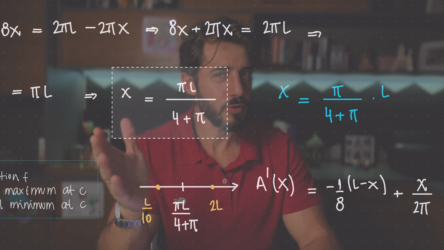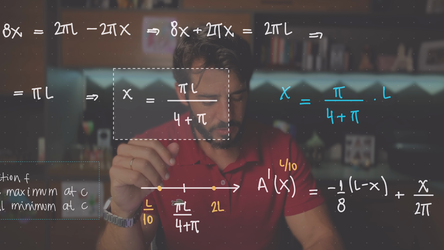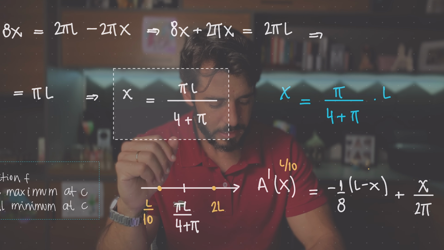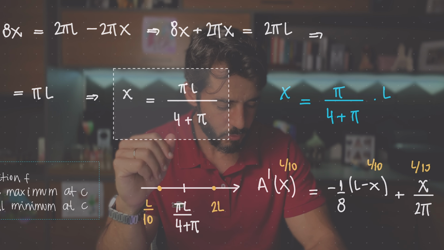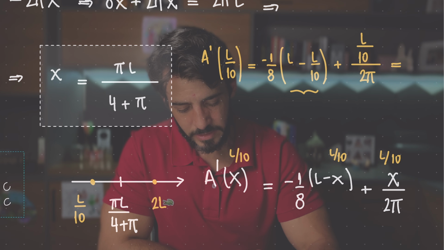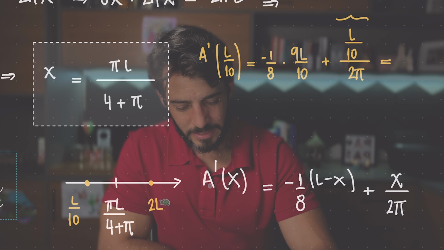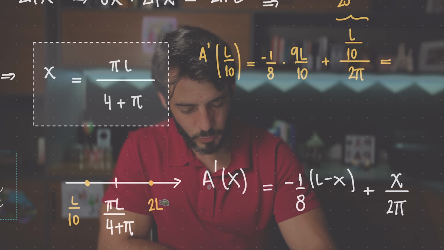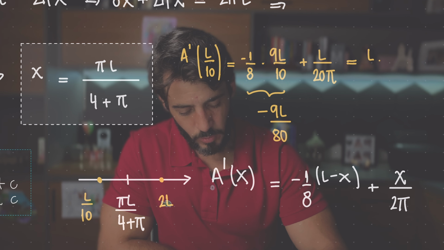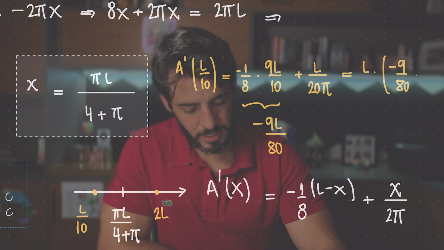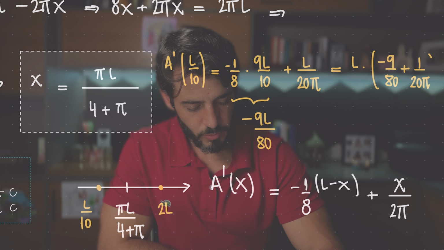So for example, for L over 10, A prime of L over 10 is -1 over 8 (L - L over 10) plus L over 10 over 2 pi. Given that this is 9L over 10 and this is L over 20 pi, we can rewrite this as -9L over 80, so we have L times (-9 over 80 plus 1 over 20 pi).